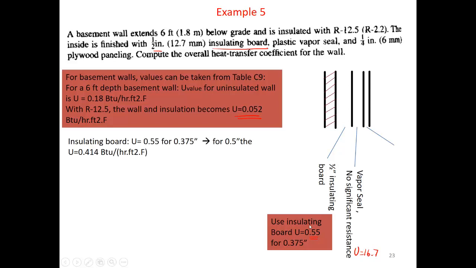Quarter-inch plywood paneling. It has a K value of 0.8. Once you compute the U value, you can compare it to 16.7. You'll see that this U value is really high, or since we'll be doing resistances, the resistance will be much less. Let's go to table C1 to check on this, 0.55, and this one, quarter-inch plywood paneling.